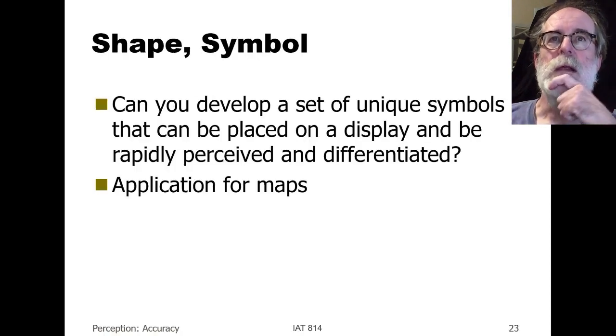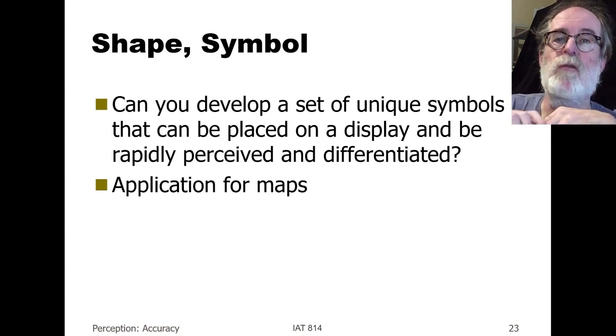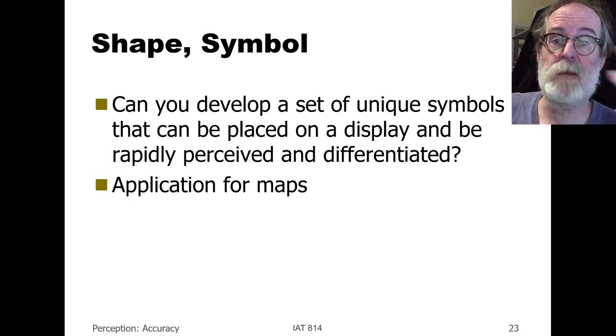So here, the question that's going to drive this segment of the lecture is, can you develop a set of unique symbols that can be placed on a display and be rapidly perceived and differentiated? Whereas with the previous thing about nonlinear versus linear perception, we were aimed at a strong goal, which is to be able to pick a number off from a visual depiction and have that number be the same as the number that the visualization intended to draw.